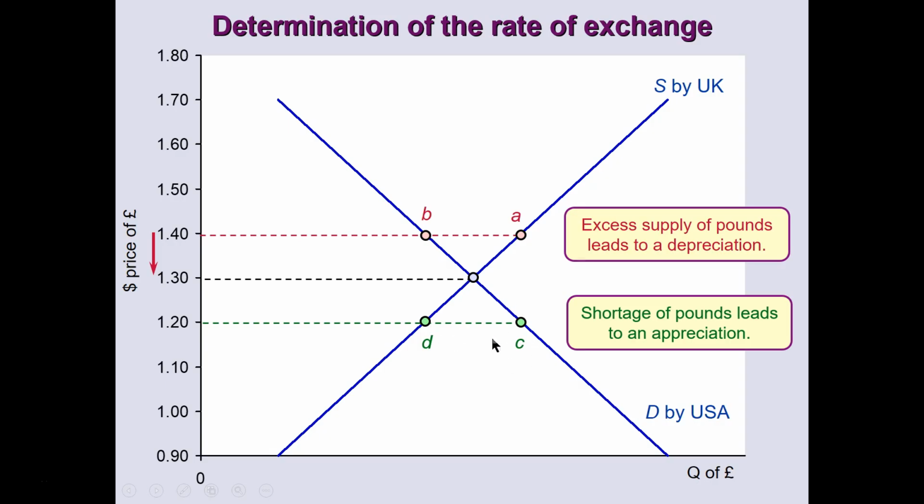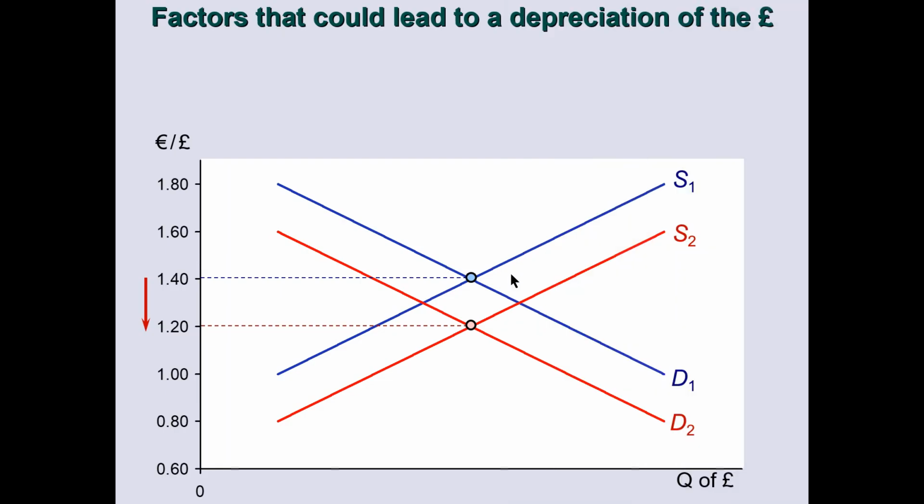And as a result, this shortage of pounds will lead to an increase in the value of the pound, in other words, appreciation. And these price forces, these movements in exchange rates will allow equilibrium to establish in the market. So this is exactly how equilibrium can be established.